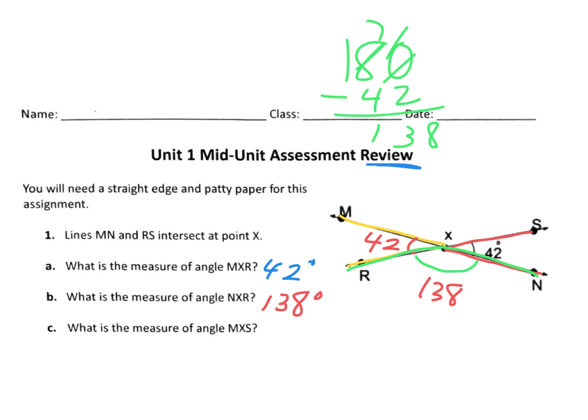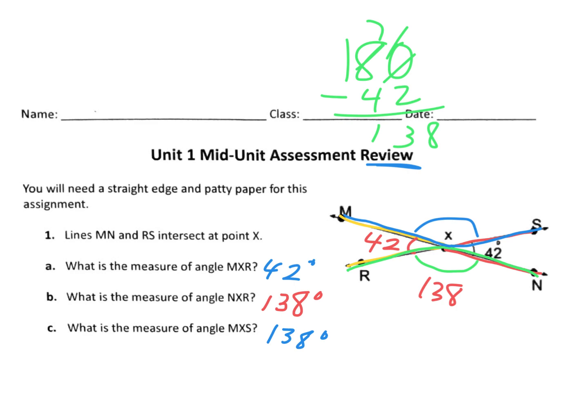The next question says, what is M X S? That's this angle right above it, M X S, which is vertical to N X R. So that one would also be 138 degrees. Check it out with your patty paper to see that these angles that are vertical from each other are congruent.